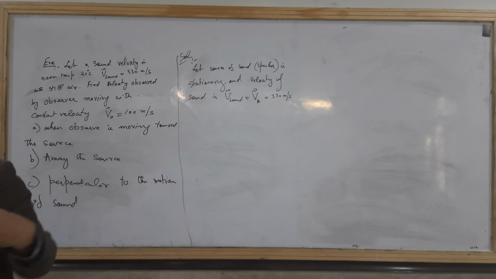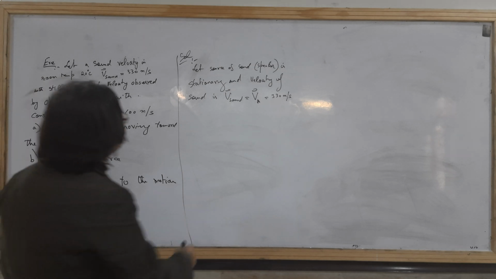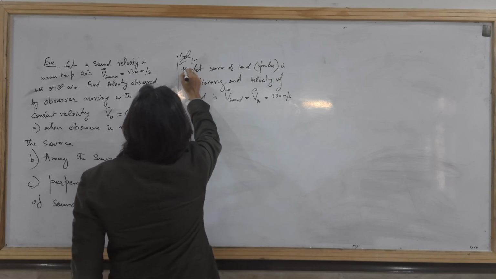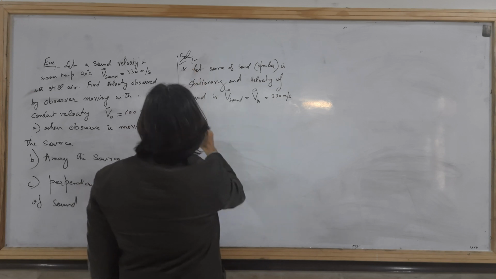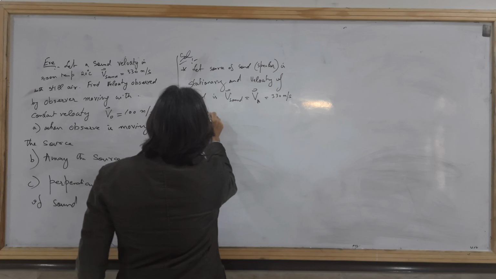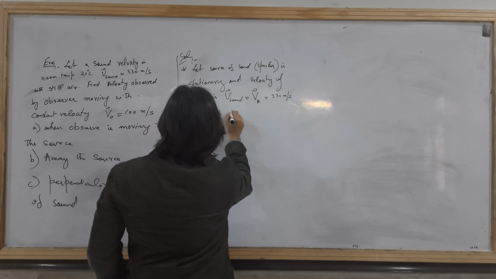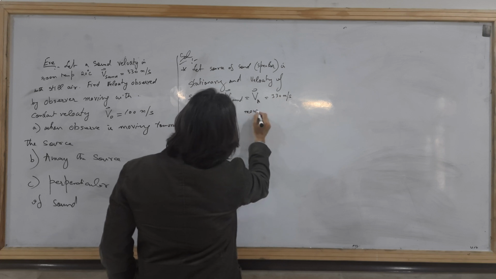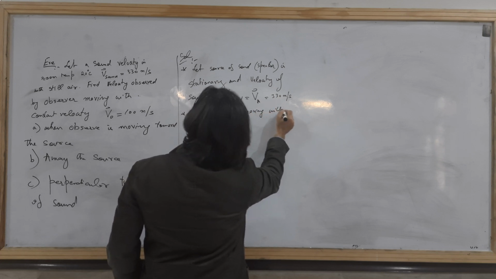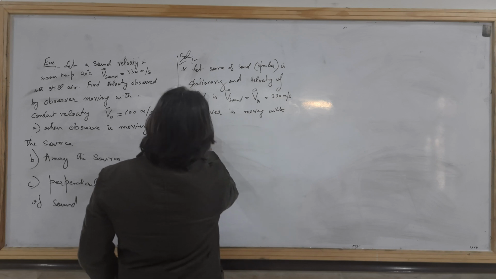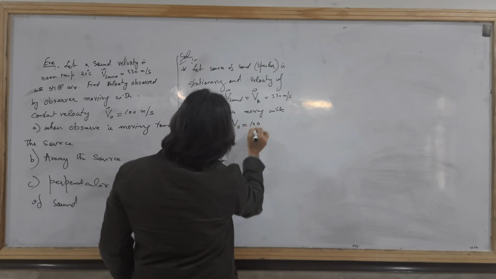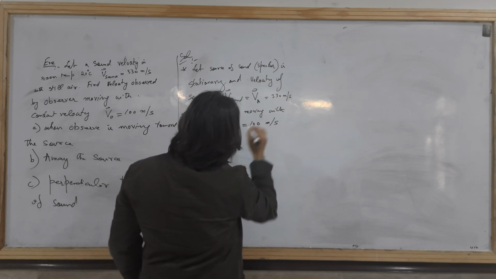Now observer B is moving with velocity VO, that is 100 meter per second.